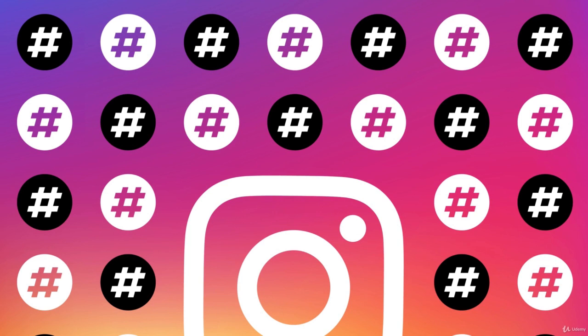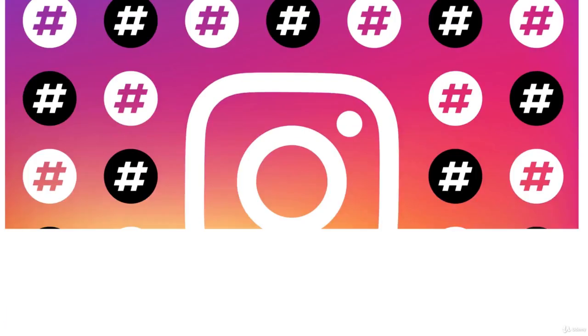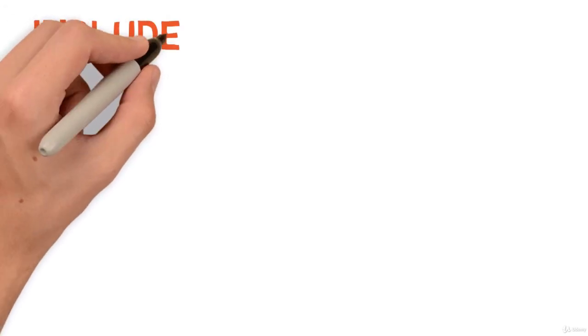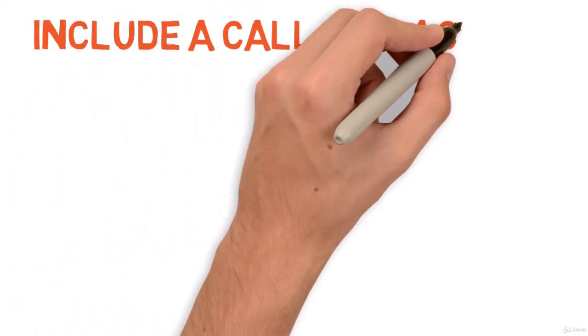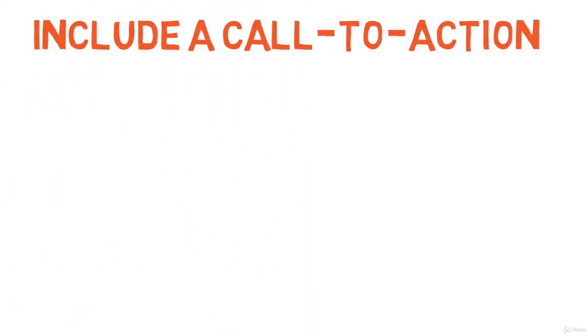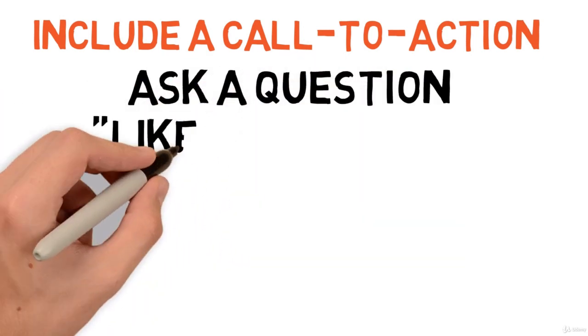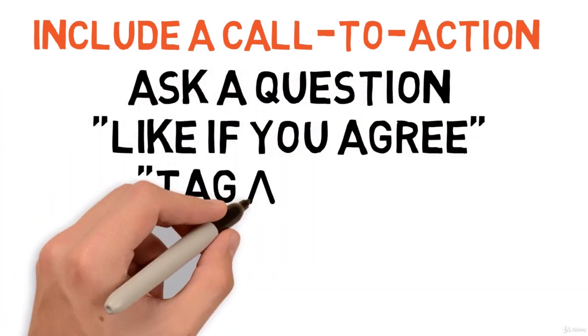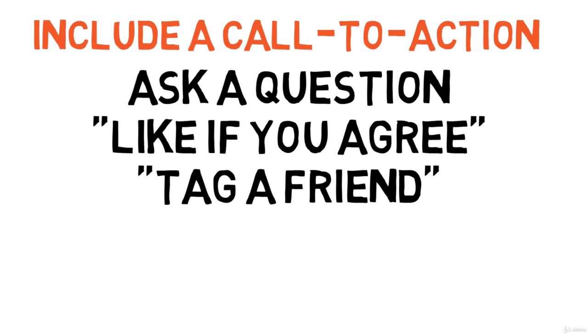A lot of that is based on individual user activity, but you can optimize your reach by increasing your engagement. One of the best ways to do that is by simply asking people to engage with your post. So try to include a call to action in each of your captions. You could ask a question, you could ask people to like if they agree, or you could ask them to tag a friend in the comments. That's actually one of the most effective strategies right now for viral reach.